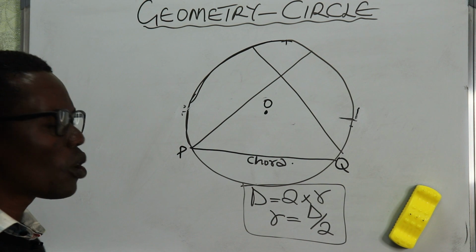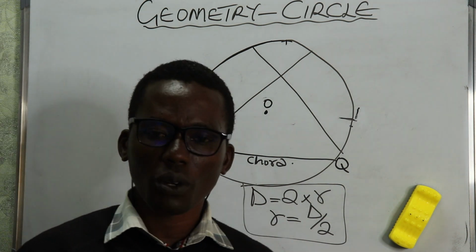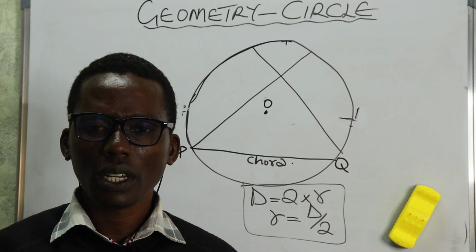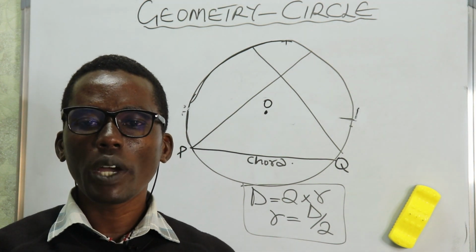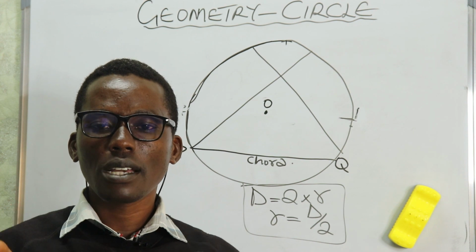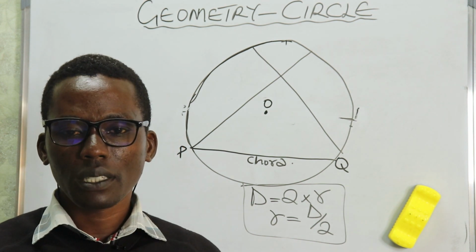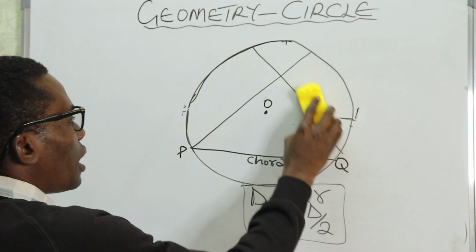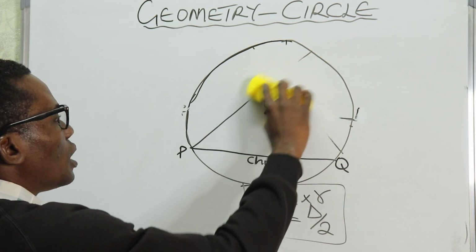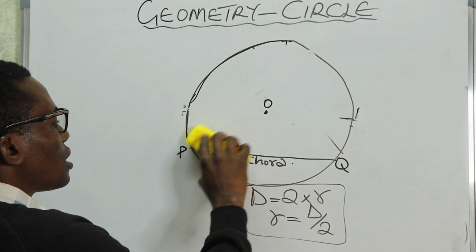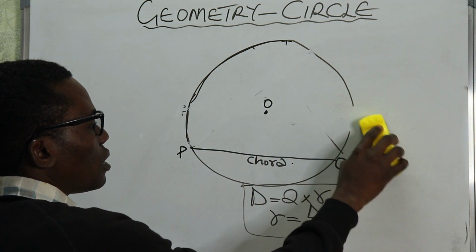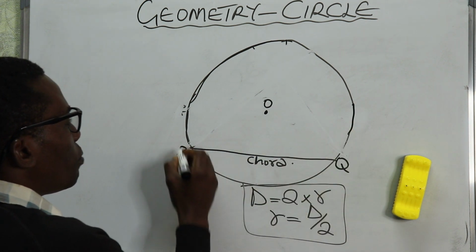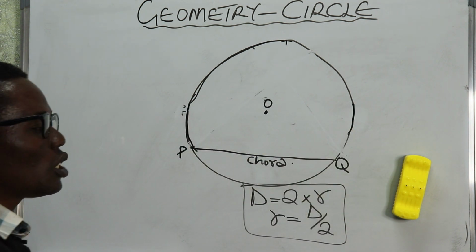Now we have what we call the segment of a circle. What is a segment of a circle? A segment of a circle comes about when a chord divides a circle into 2 parts. Let's look at this chord PQ, cutting this circle into 2.